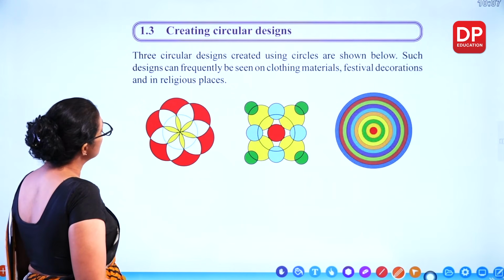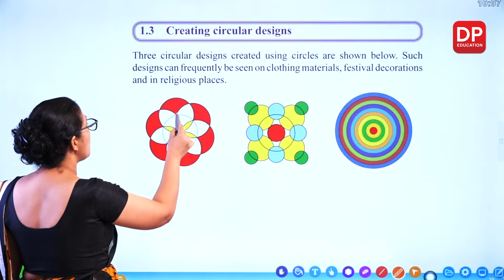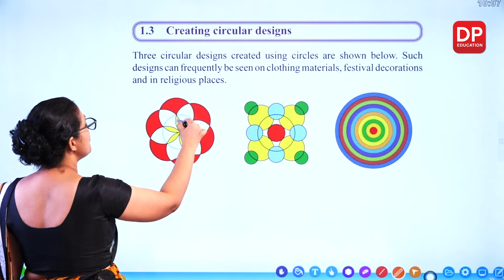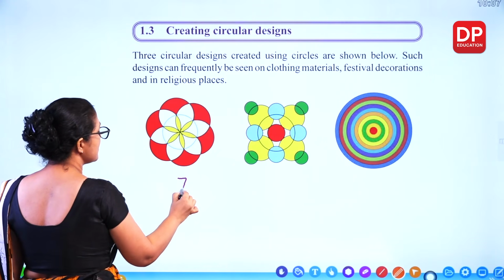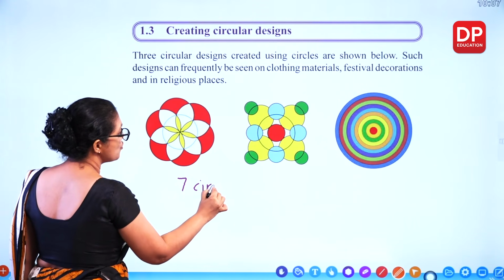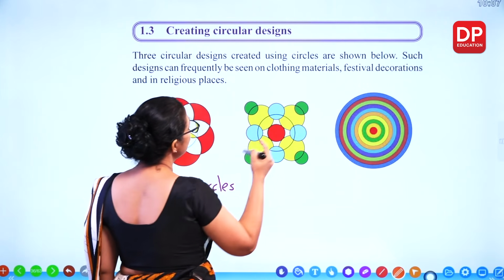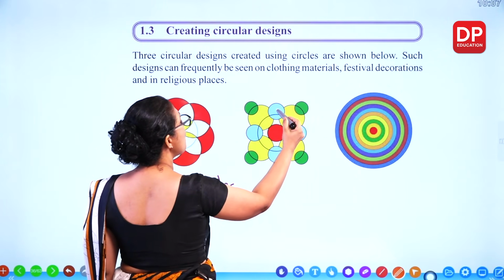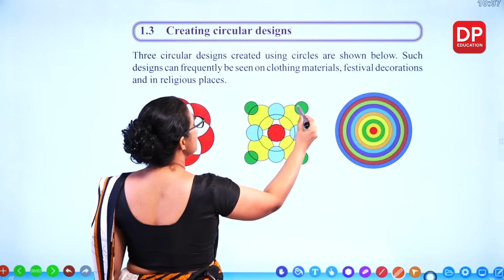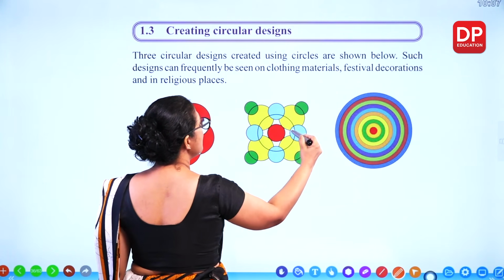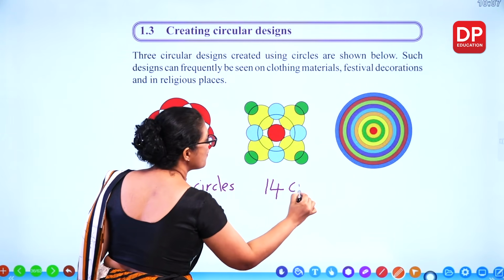So how many circles used to draw this one? 1, 2, 3, 4, 5, 6, 7 circles used to draw this one. What about this one? 1, 2, 3, 4, 5, 6, 7, 8, 9, 10, 11, 12, 13, 14 circles used to draw this one.